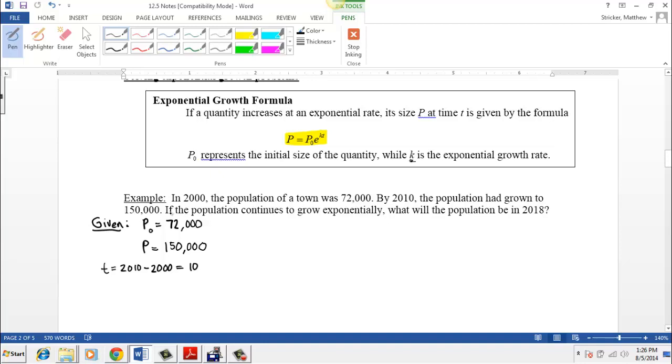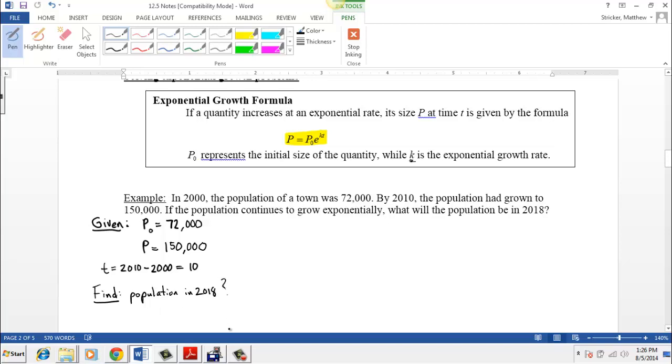And what is the question asking us? It says if the population continues to grow exponentially, what will the population be in 2018? So eventually what we're trying to find is the population in 2018.